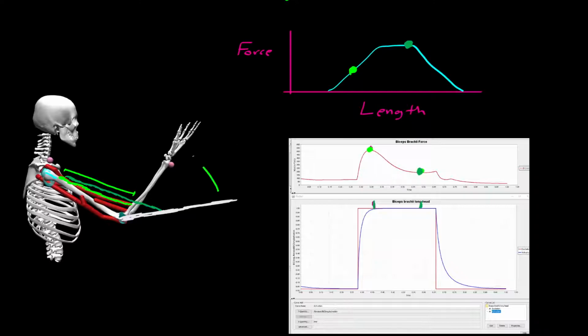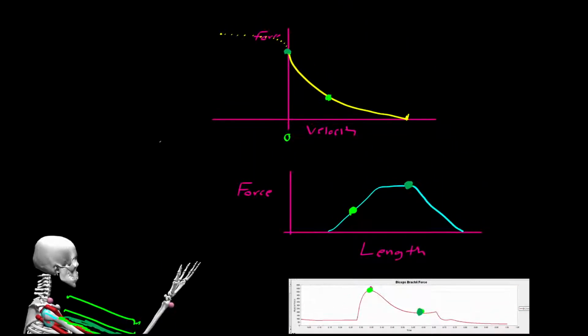But as we created force to start flexing the elbow, well, the length went from this long, right? Maybe that length. It went from that length to this shorter length. So in other words, it was shortening. So it must have had some positive velocity. So maybe the velocity was up here instead of here.